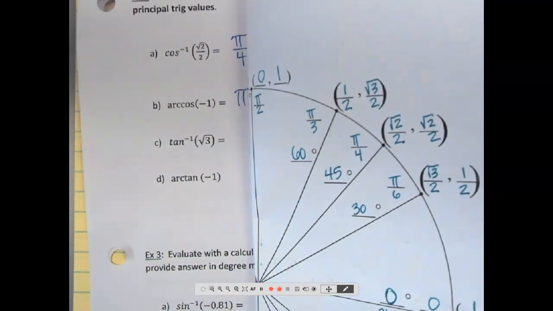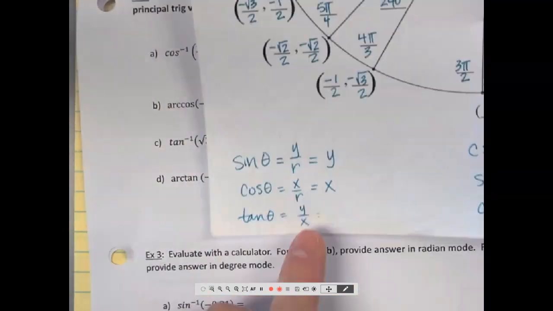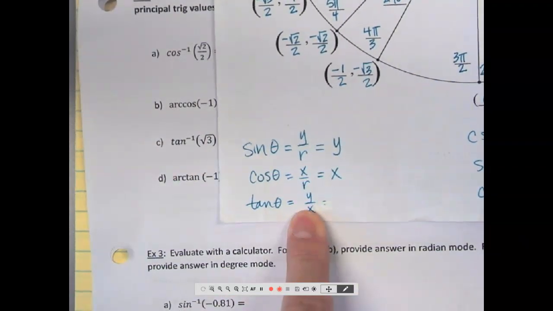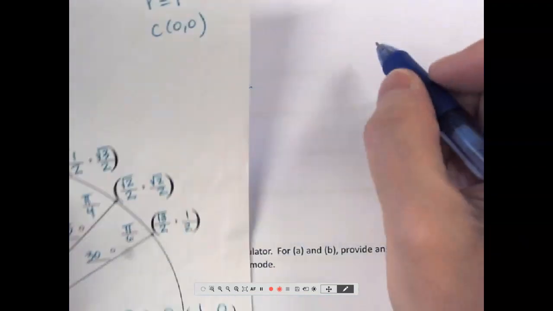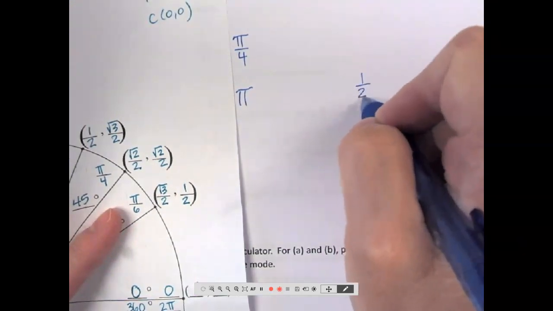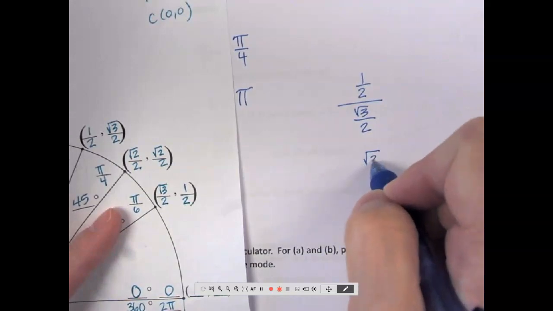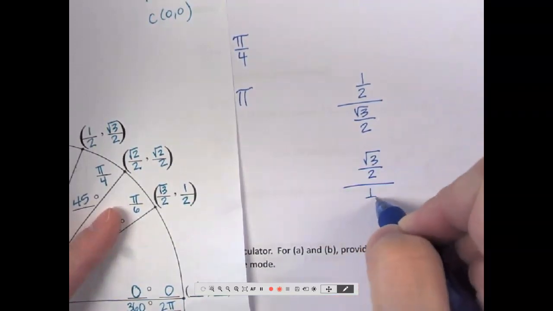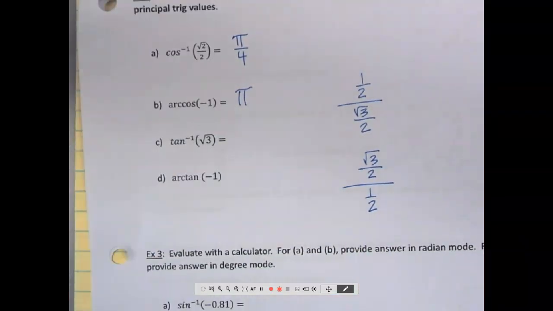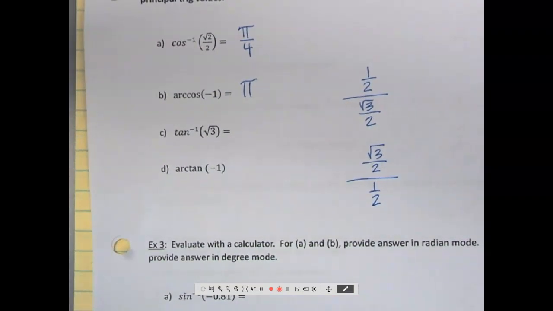So I would definitely narrow it down to these two. How could I decide between the two? How do we find tangent? Y over x. So is it this over this, or this over this, that I'm looking for? Which one would give me square root of 3?